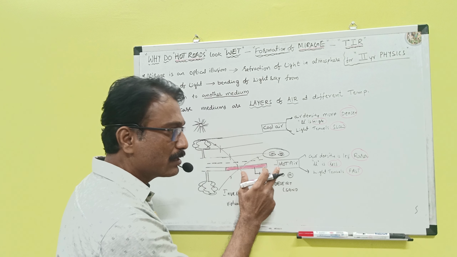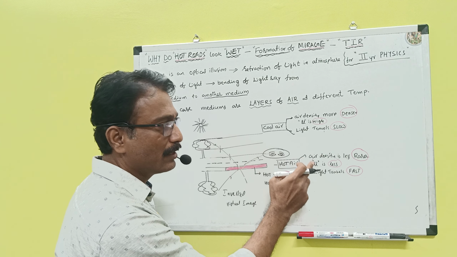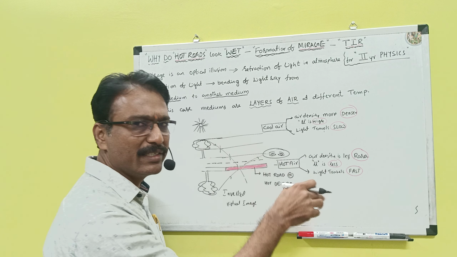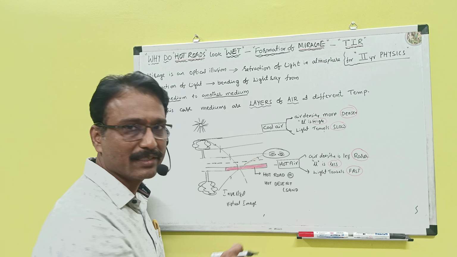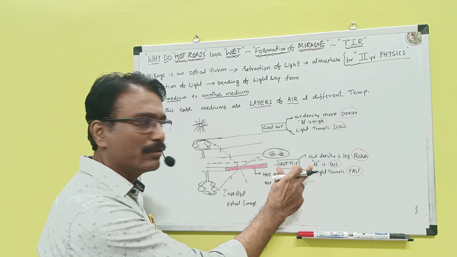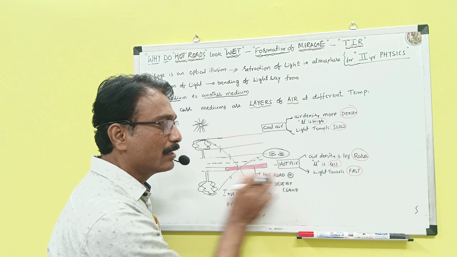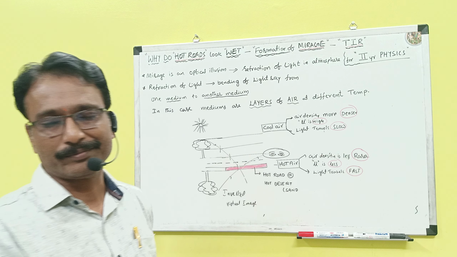In this case, the hot air acts as the rarer medium because the air density is less. When it is heated, the air density is less, and the refractive index of this hot air is also less. So in this case, the light travels very fast.